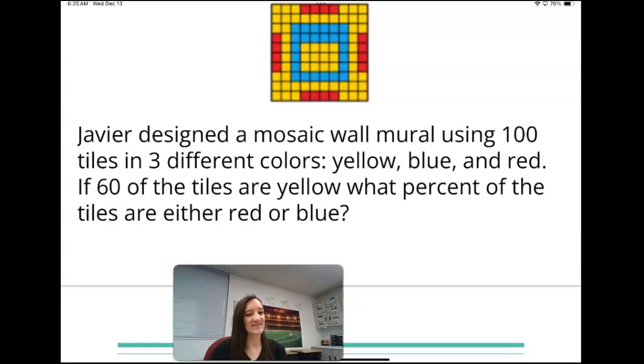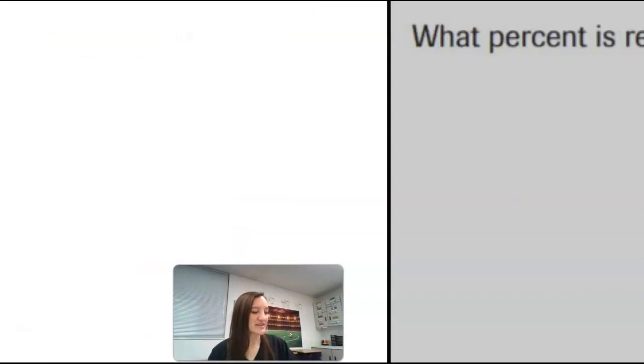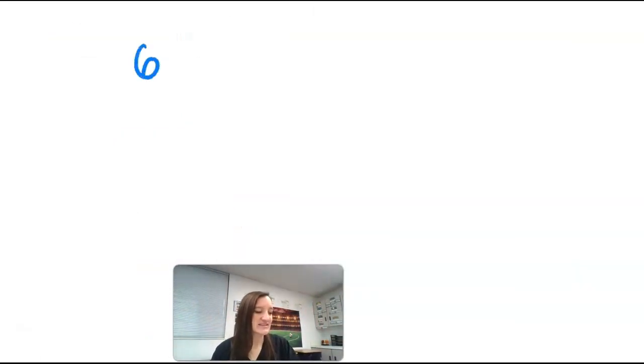If 60 of the tiles are yellow, what percent of the tiles are either red or blue? So this is like our pie chart, correct? Let's go back to here so I can draw. So they said 60 of the tiles are yellow.